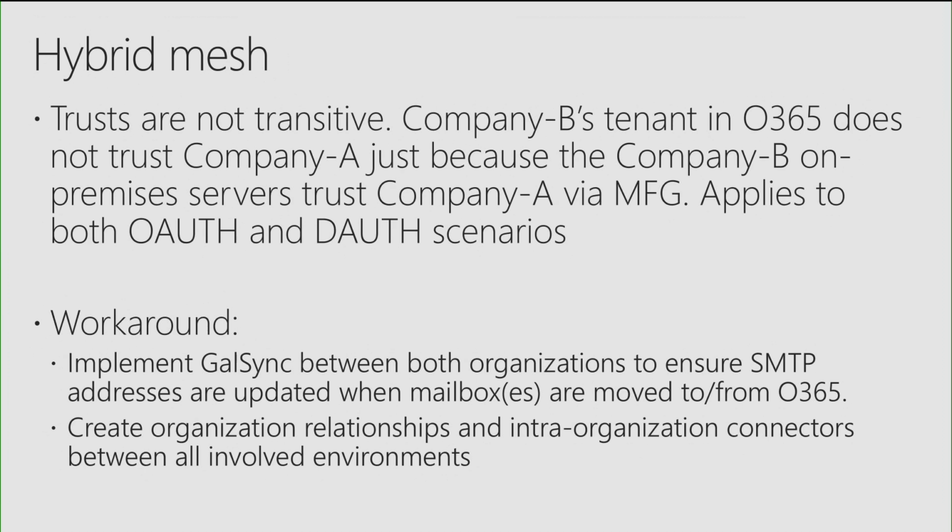From there, you also actually need to have organizational relationships and inter-organization connectors between every environment. So Company A would have to have a relationship established between both the on-premises implementation for Company B as well as Company B's Office 365 tenant. That's why this becomes the hybrid mesh or mess, depending on how you want to look at it.